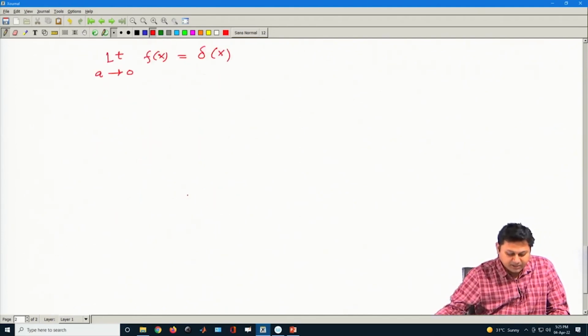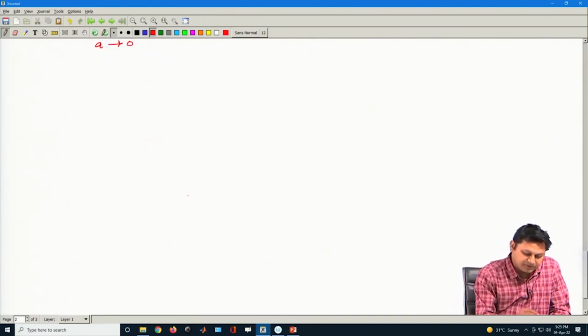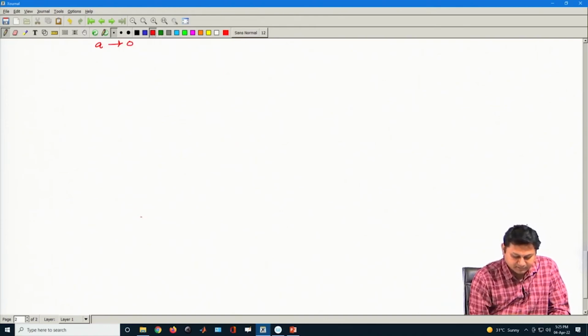So, what kind of figure will I get under this limit? I can draw it here. Suppose this is my x axis, I start with this a value, this is 0, and my initial function is this form.